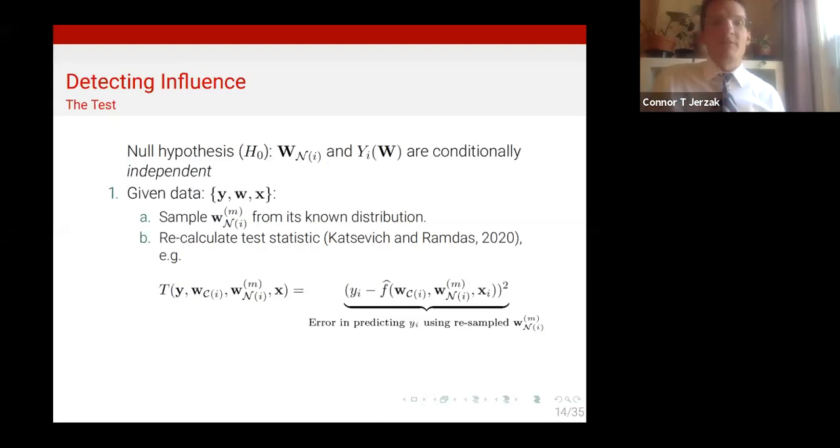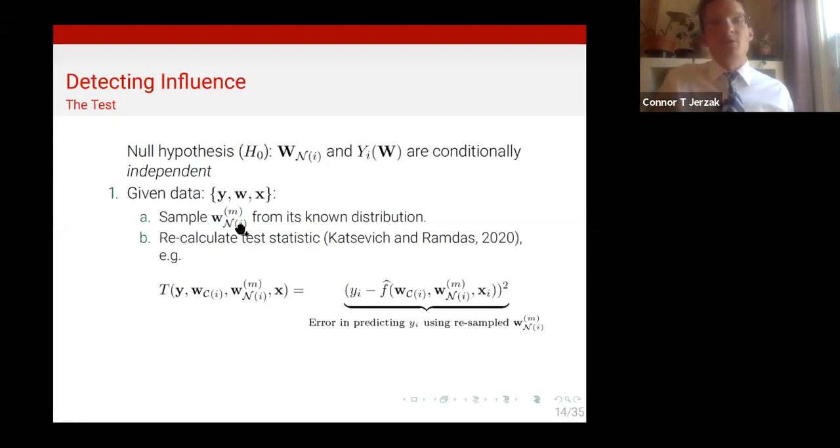I think there are a lot of interesting things we can say about how to do this in a way that maximizes our ability to detect influence effects when they're present. But in the way that I'm presenting it here, this test statistic is testing an individual level influence effect for a particular unit.